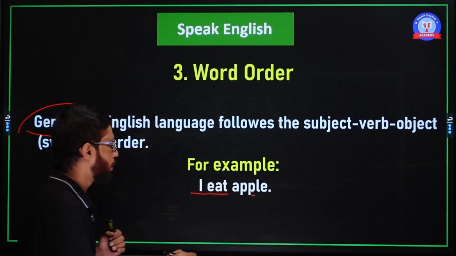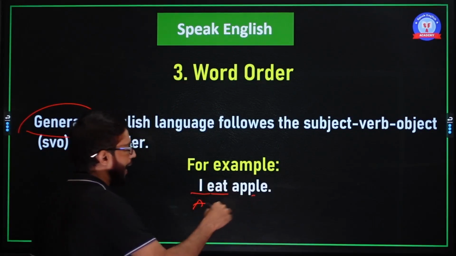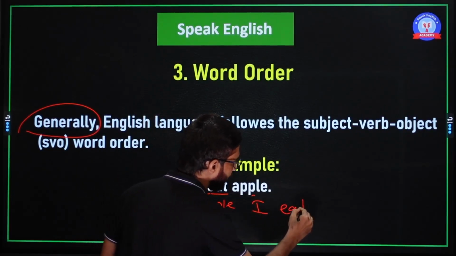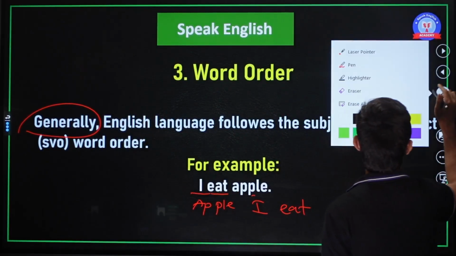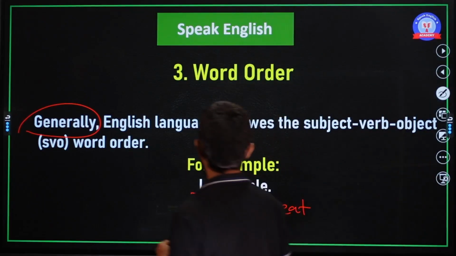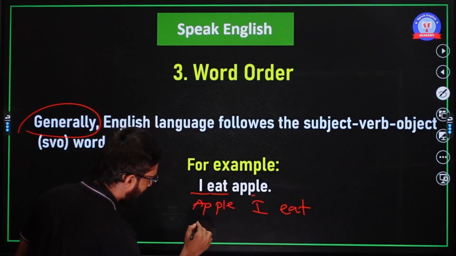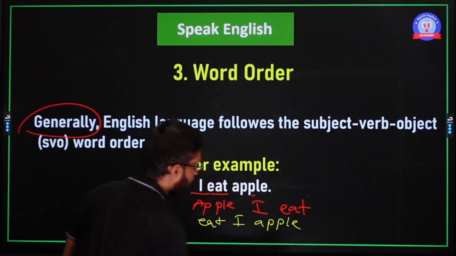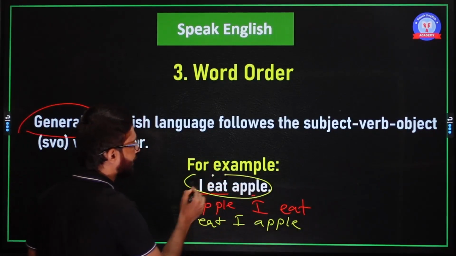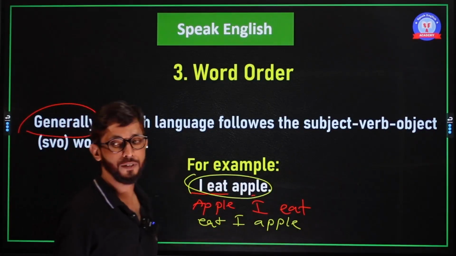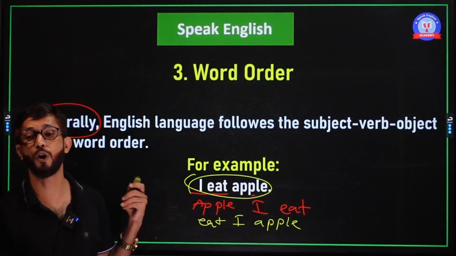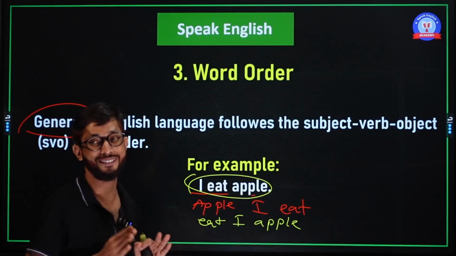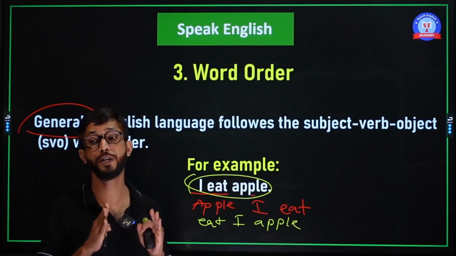I am not allowed to write apple, I eat, or eat, I, apple, and so on. We have to write I eat apple, right? Okay. So that is called word order. If we want to place the words correctly, we have to learn word order.